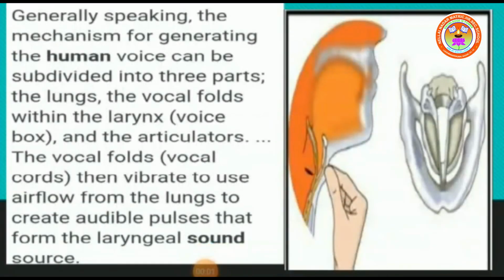Topic: sound produced by humans. In human beings, the sound is produced in the voice box called the larynx, which is present in the throat. Generally speaking, the mechanism for generating the human voice can be subdivided into three parts: the lungs, the vocal folds within the larynx, that means voice box, and the articulators.